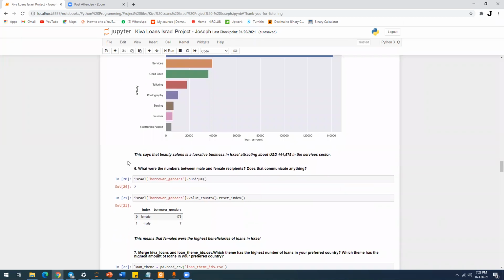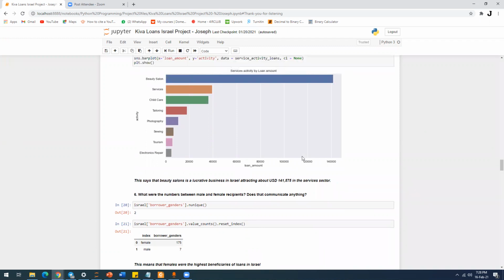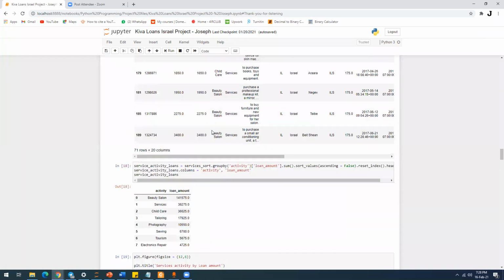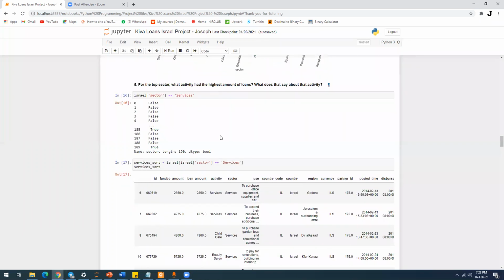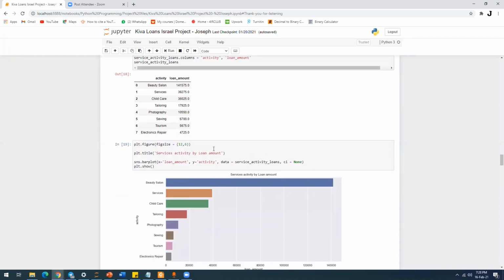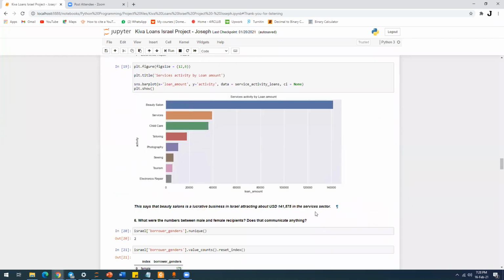And here I comment and say, this says that beauty salon is a lucrative business in Israel, attracting about 141,575 USD in the services sector. So this answers the question that for the top sector, that is services, beauty salon had the highest amount of loans. And we have interpreted that it's a lucrative business in Israel because it's attracting such a huge chunk of money in the loans.